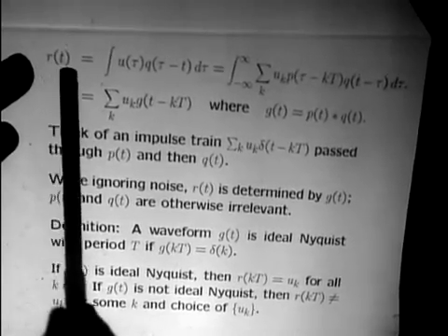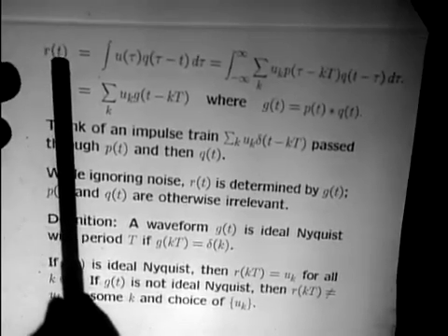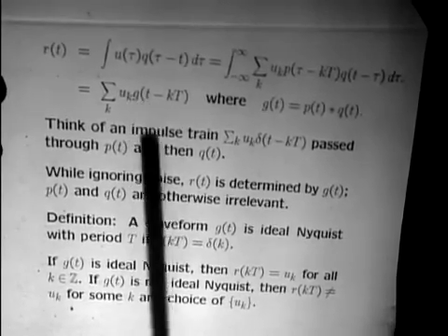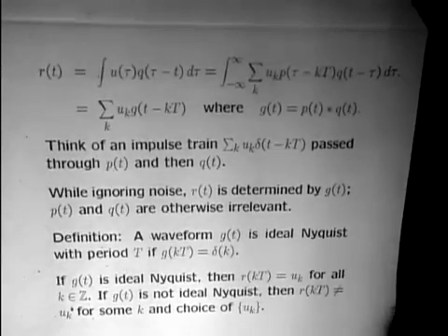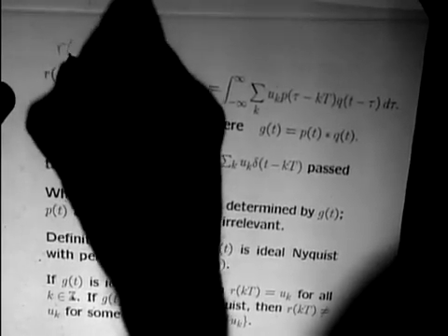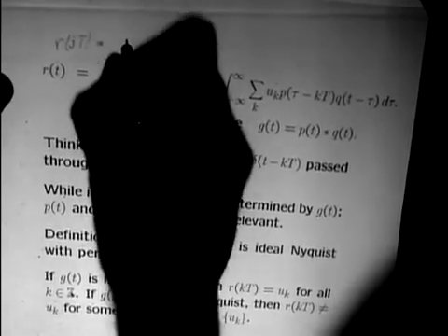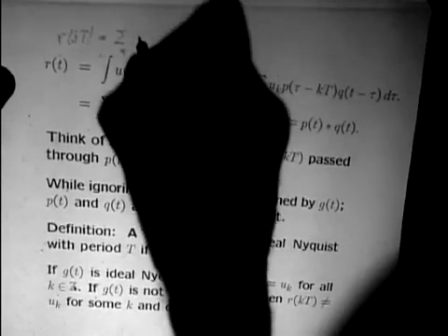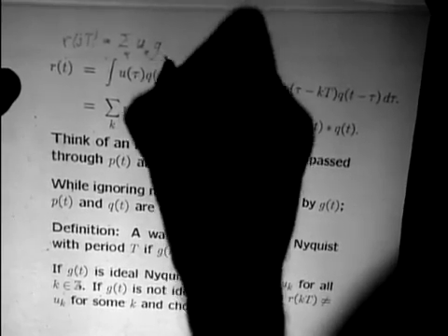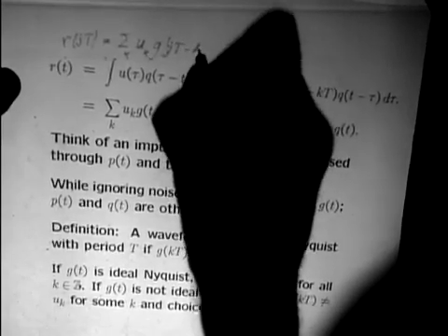I mean, we want to sample r of t, say at j times capital T. r of jT is equal to the sum over k of u sub k times g of jT minus kT.